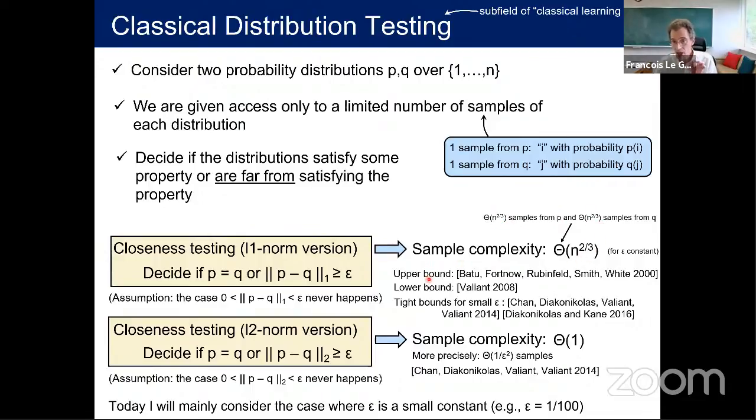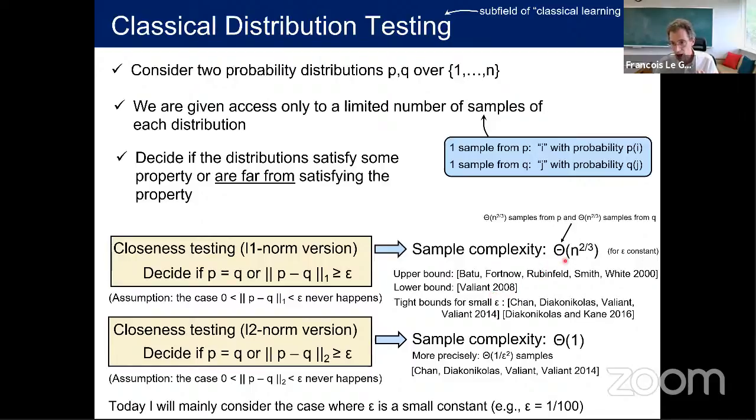The upper bound was proved by Batu, Fortnow, Rubinfeld, Smith, and White in 2000, using a very beautiful argument. In that paper, they also gave a sketch of a matching lower bound, but making the sketch precise was extremely difficult, and it took 8 years until Valiant proved the matching lower bound.